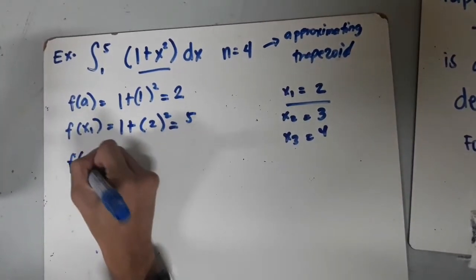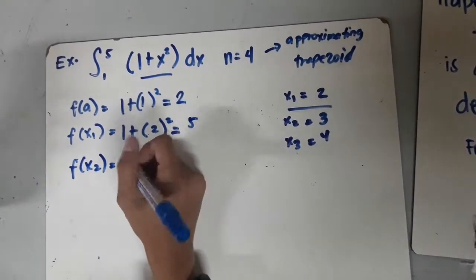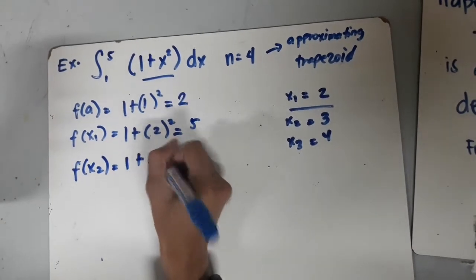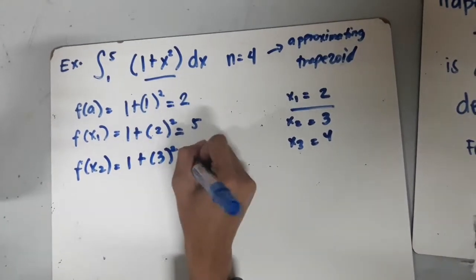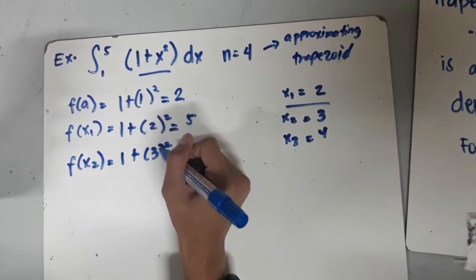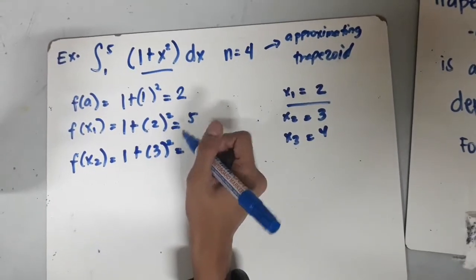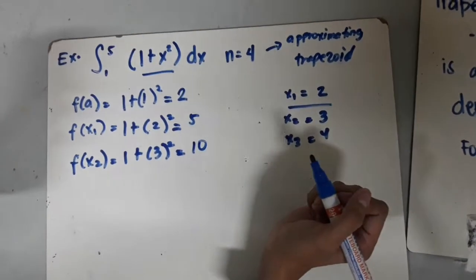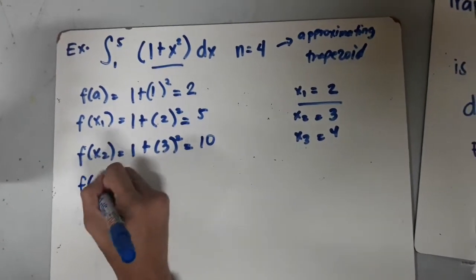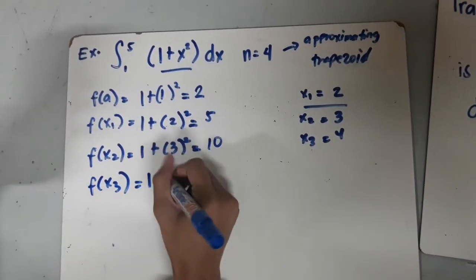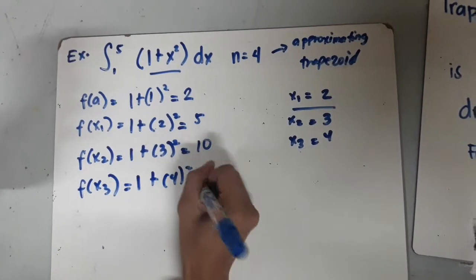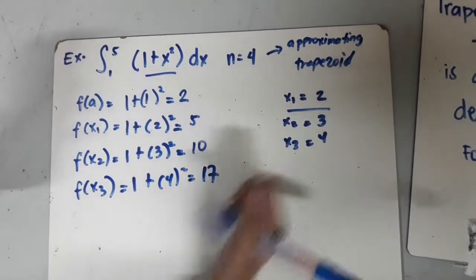Then for x sub 2, which is 3, 1 plus 3 squared is 1 plus 9, which equals 10. For x sub 3, 1 plus 4 squared is equal to 17.